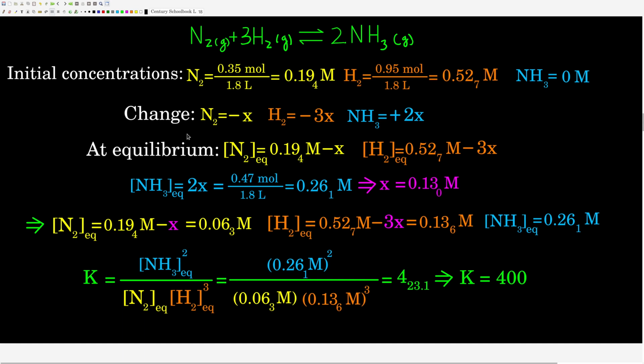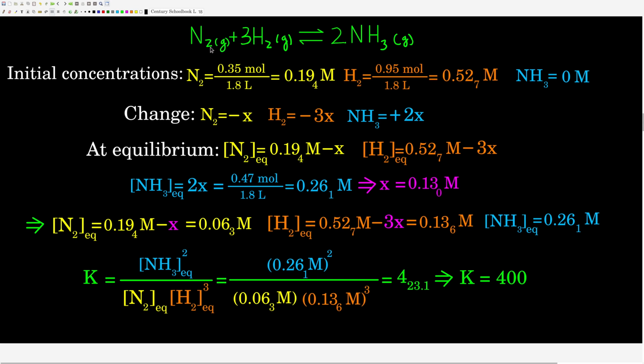Now, what's going to happen is, as this reaction starts happening, it starts unwinding. If we look at this equation here, and we call the concentration of nitrogen that is used to form the ammonia X, because we're losing it, the change is going to be minus X moles per liter.